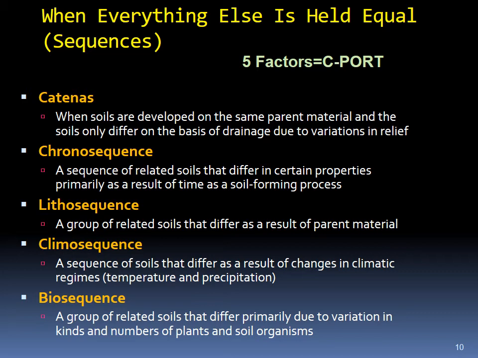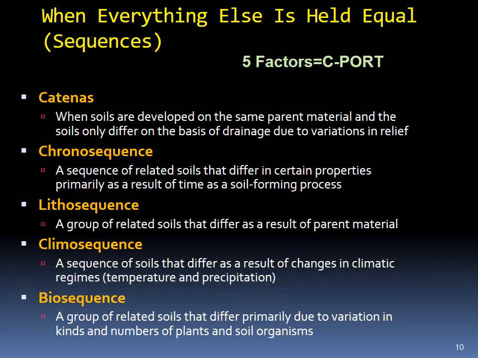The second type is chronosequence. Chronosequence refers to soils that differ because of time, but all other soil factors are equal. A lithosequence is when you have differences in the parent material, but all other factors are equal.